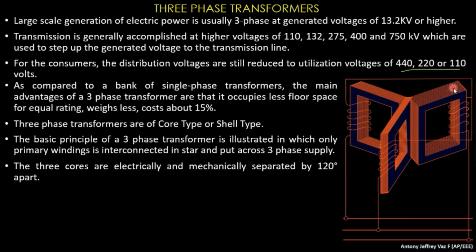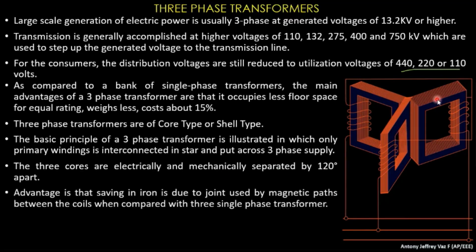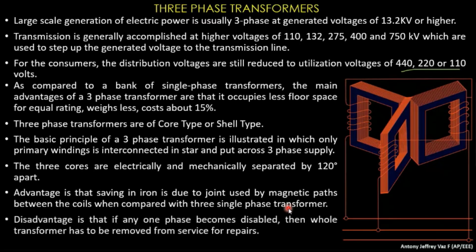The advantage is a saving in iron, due to the joint magnetic path between the coils, when compared with three single-phase transformers. If you use three single-phase transformers, you need more iron and steel, but if you use a single three-phase transformer, the amount of material consumed is decreased. So this is the major advantage of a three-phase transformer.